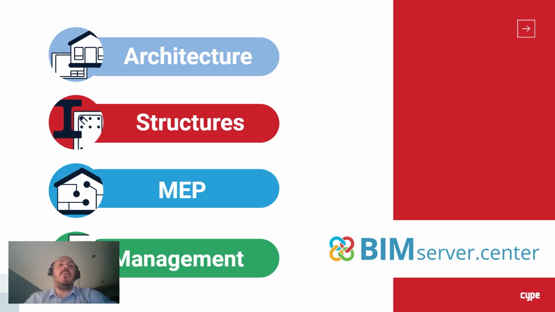Of course, today we will be focusing on structures, the red category of our portfolio. But if you look in our website, in our catalog, and also in other videos that are available in our channels, you'll see that we have software for all the areas, from A to Z, to develop a project of a building.